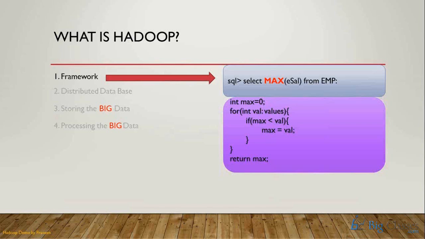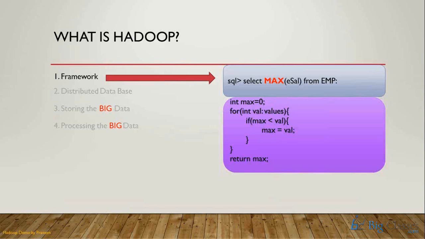So where can I run this max? Can I run it in a notepad or command line? No, I should run it in SQL. What is SQL? It is a framework. So I can define a framework like this: a framework is a set of rules, which are already defined. That's it.